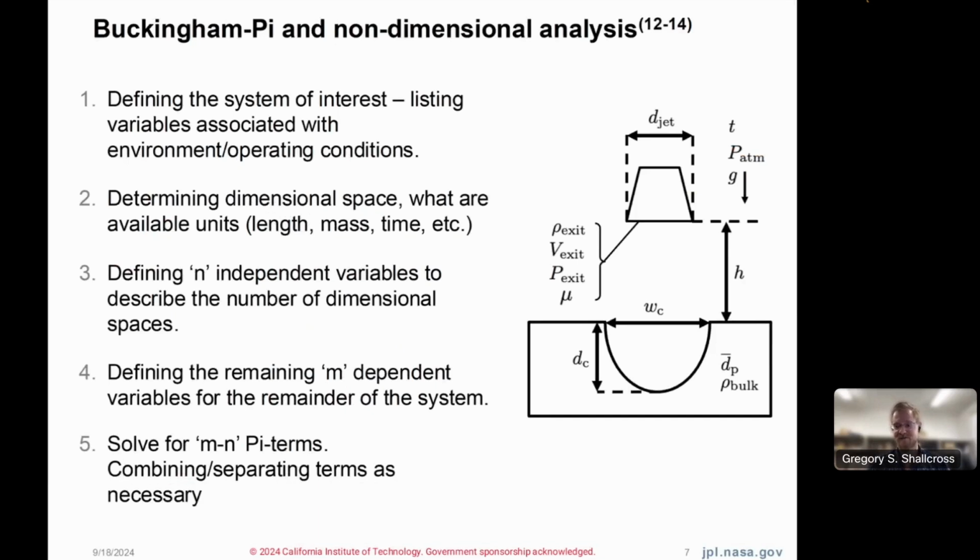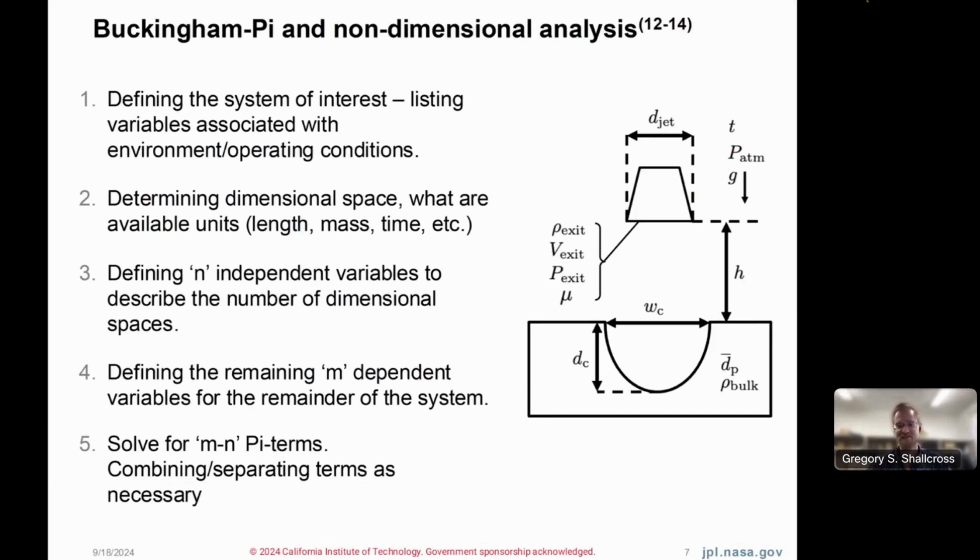To start, we can look at this from a non-dimensional perspective, using something like the traditional Buckingham Pi procedure for extracting relevant terms from a modeling procedure. This first comes with defining a system of interest, where we list out the variables associated with our environment and our operating conditions.